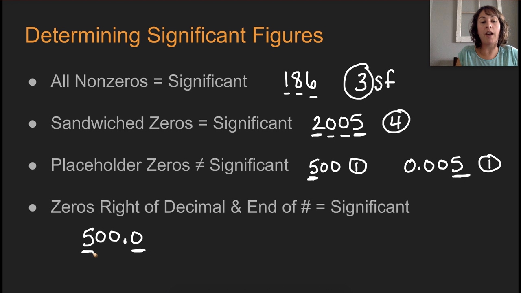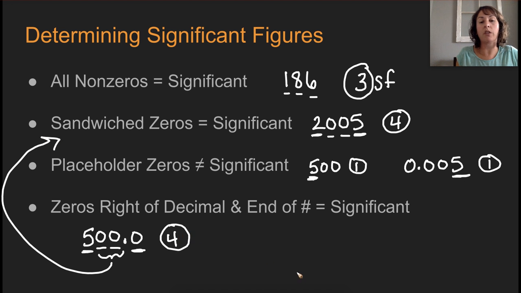We know that 5 is significant because it's a non-zero number. Now, what do we do with these 2? They're sandwiched between 2 significant figures. So we know that both of these are now going to be significant because these 2 follow into this rule. Okay? And so that means that we have 4 significant figures with this one.